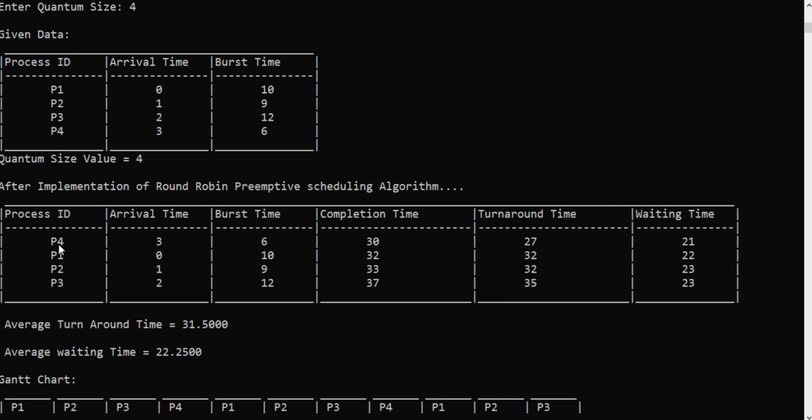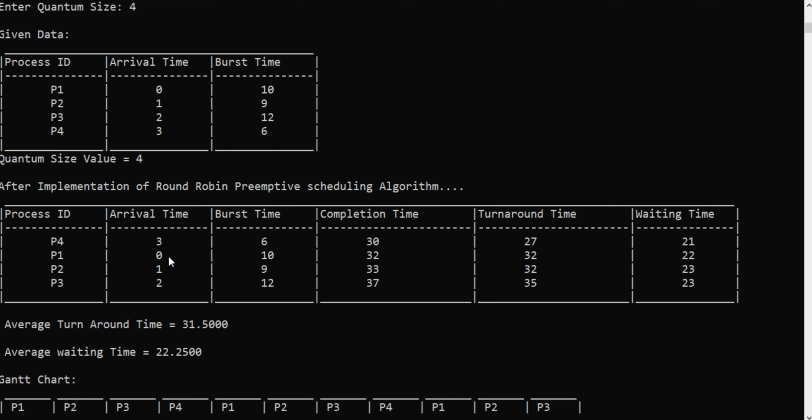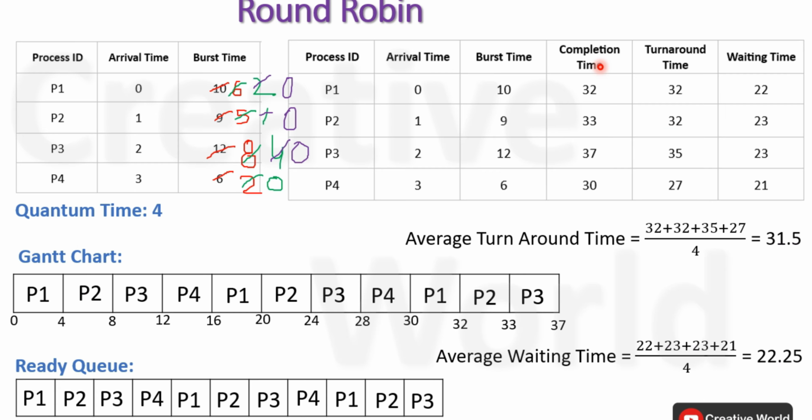So first of all, P4 completion time is 30, turnaround time is 27 and waiting time is 21. Next process P1 completion time 32, turnaround time 32 and waiting time 22.